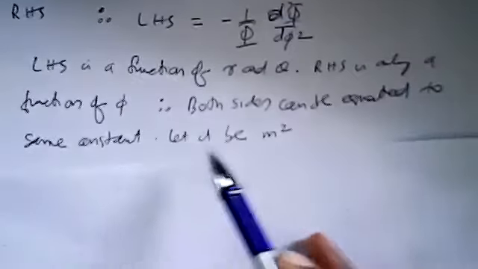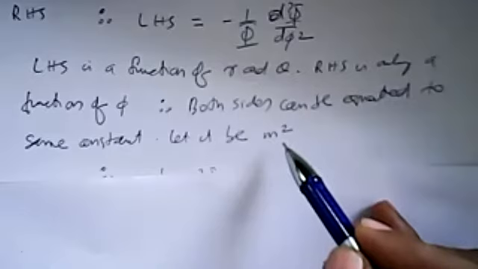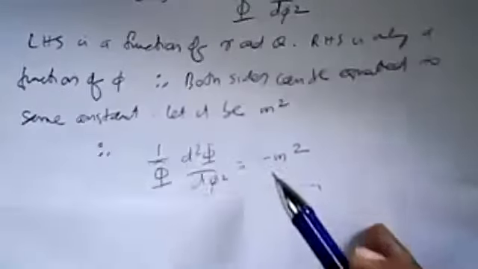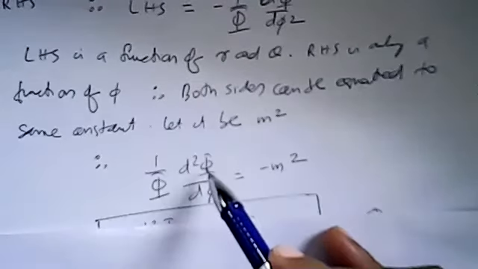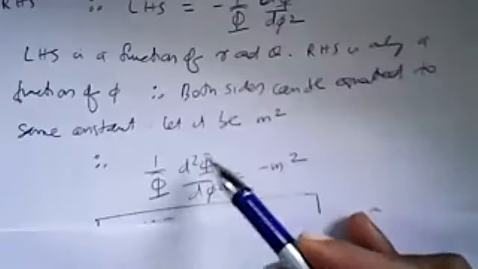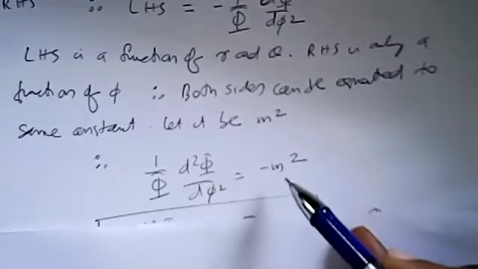Let the constant be m square. So you can write 1 by phi, d square phi by d phi square equals minus m square. Because only one variable is there, you can change dou into d.